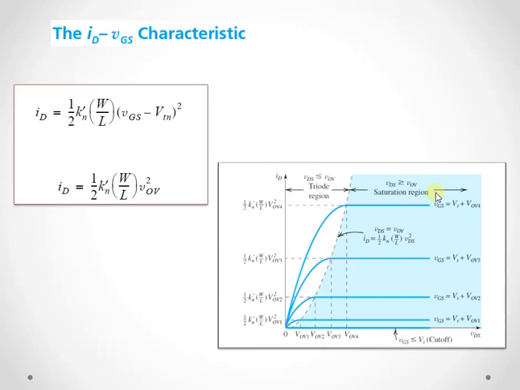What that implies is that the MOSFET operates as a constant current source where the value of the current is determined by VGS. So in effect, the MOSFET operates as a voltage controlled current source with the control relationship which is described in these two equations. This relationship underlies the application of the MOSFET as an amplifier, which is non-linear.